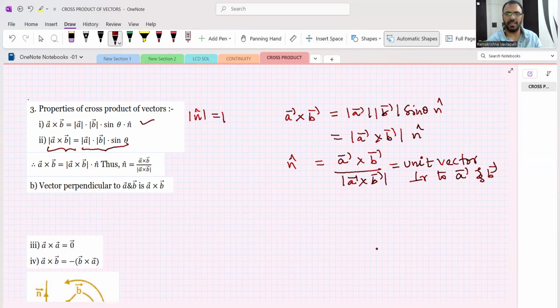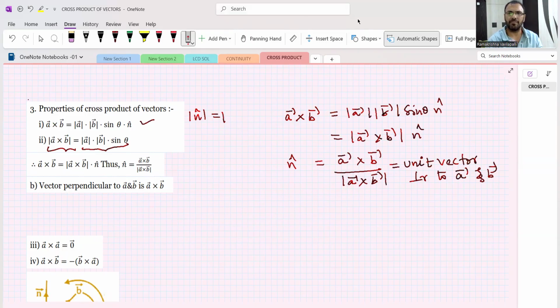What is the vector perpendicular to A bar and B bar? Remove that magnitude, then you will get the vector. The vector perpendicular to A bar and B bar is A bar cross B bar.